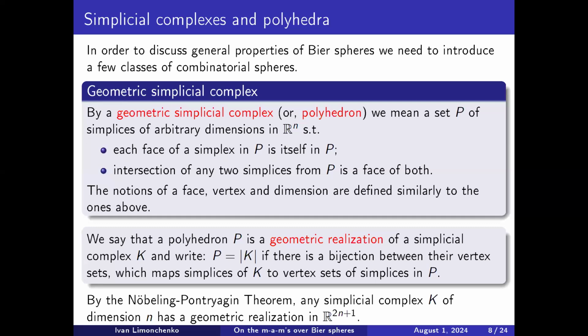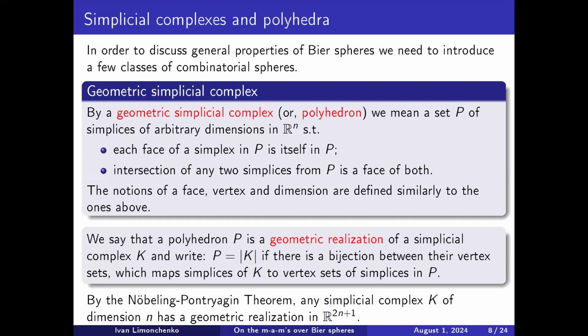Well, to proceed with general combinatorial and geometric properties of Bier spheres that we need, we need to review something about polyhedra and geometric realizations of simplicial complexes. Again, this is just to fix notation, because I'm sure that all of you know that an arbitrary simplicial complex has a corresponding geometric simplicial complex, a polyhedron in a certain Euclidean space R^n, where the dimension can be bigger than the dimension of the abstract simplicial complex, but you can realize any abstract simplicial complex.